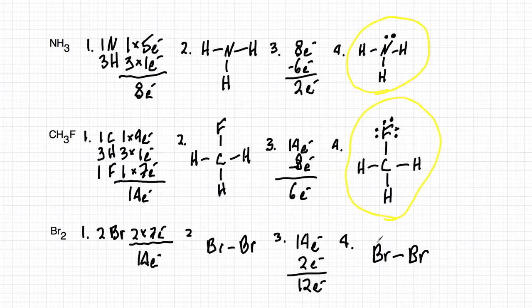They each need 6, in fact, to make 8, and it turns out we've got 12 to give. So 2, 4, 6, 8, 10, and 12. And we have our total number of electrons there correctly, and everyone's happy.